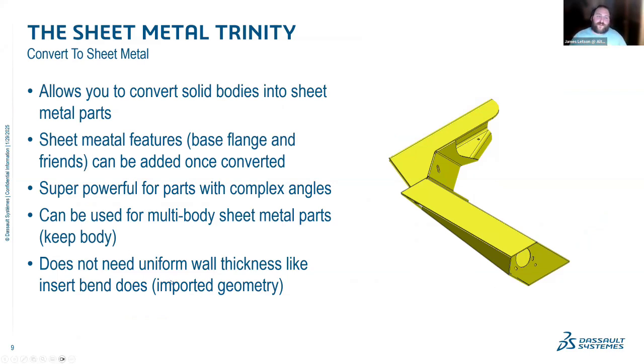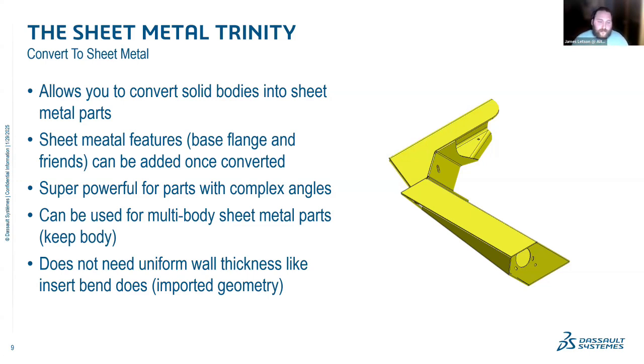And then once you convert it into a sheet metal feature, your base flange and friends can all be added to it. The useful thing about convert to sheet metal is it is super powerful for complex angles, and you can use it very easily for multi-body sheet metal parts, which is what this example is that I have here.